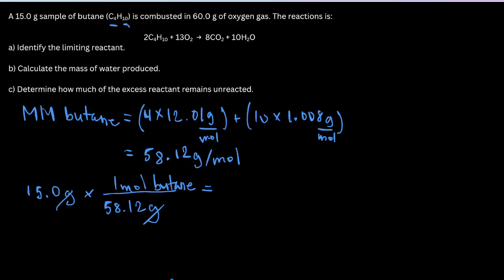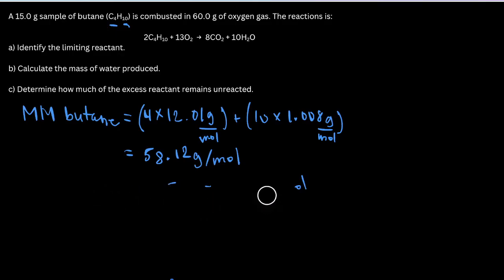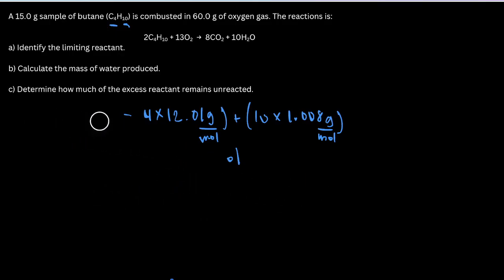Here, that's going to come out to 0.258 moles. So let's keep this number in mind. I'm just going to clear it out of the way to make some room for the next calculation.